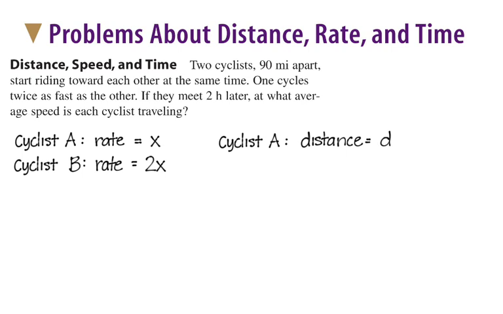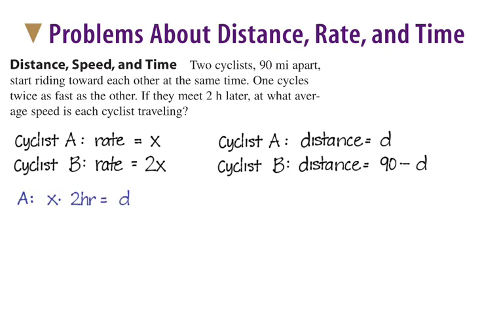They're not both going 90 miles, but there is a distance that will have been traveled that's 90 miles when they meet. Cyclist A will have gone one part of the distance, and cyclist B will have gone the other part, and when they meet, that would have covered the entire 90 miles. So cyclist B is going to do 90 miles minus whatever cyclist A went.